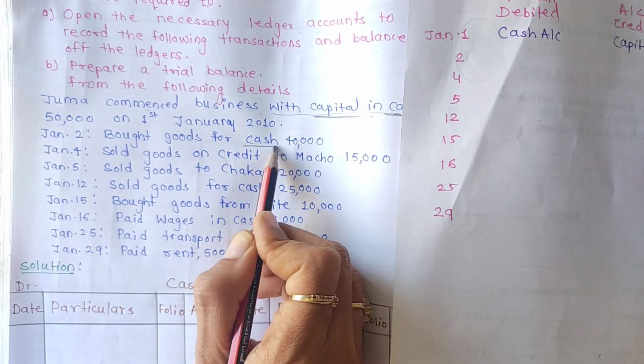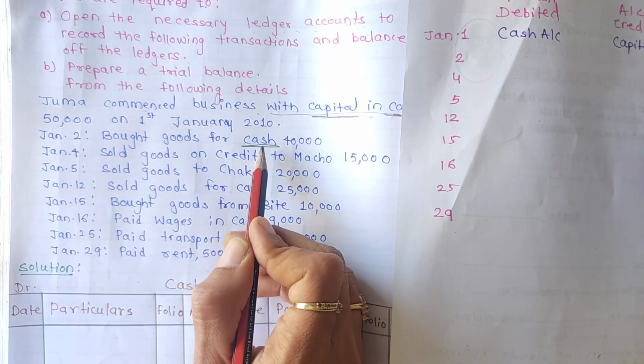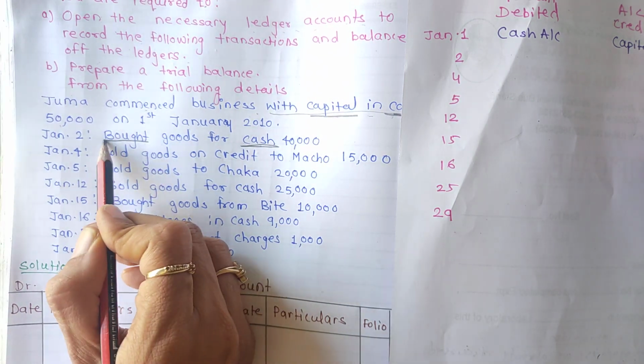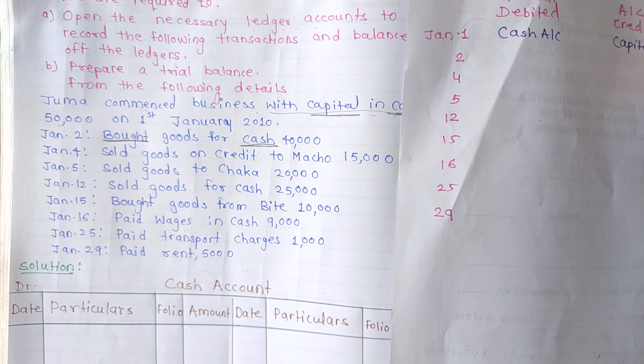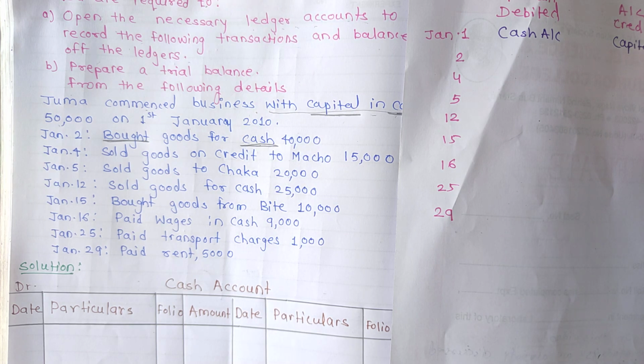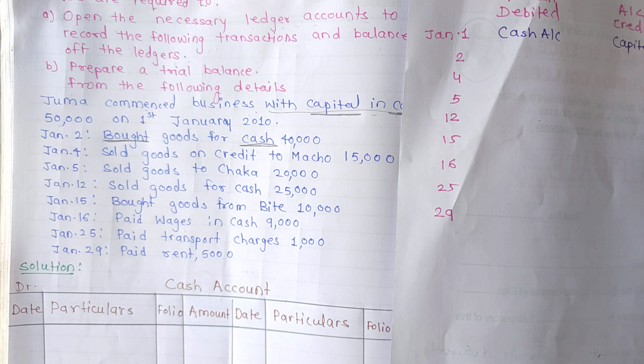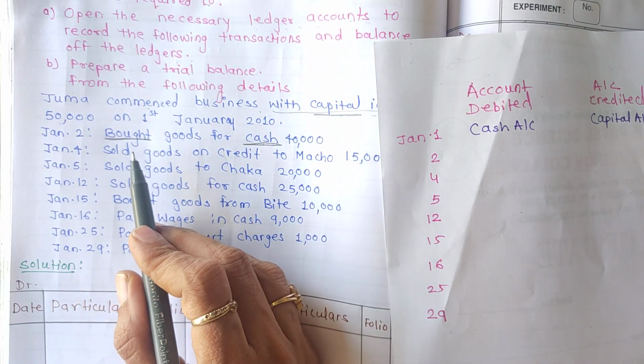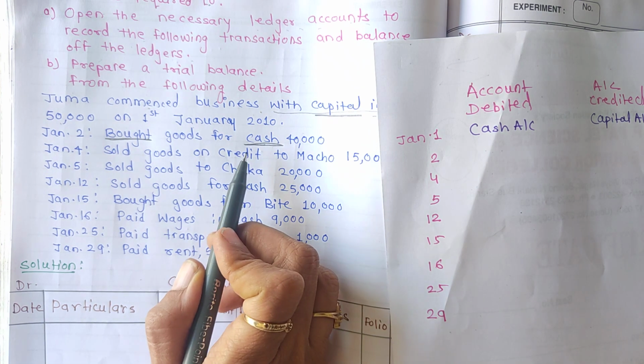So as it is on cash, first account is cash and second is purchase. When there is a purchase of goods, we have to use word purchase and not goods.